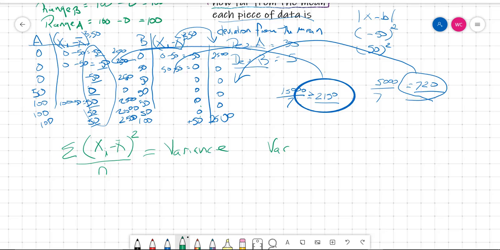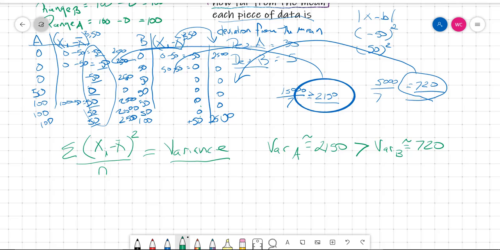So VAR for A was approximately 2150, and VAR for B was approximately 720, and we get what we really wanted. The variance of A is greater than the variance of B. So that is how you calculate the spread, or in particular, how you calculate the variance.